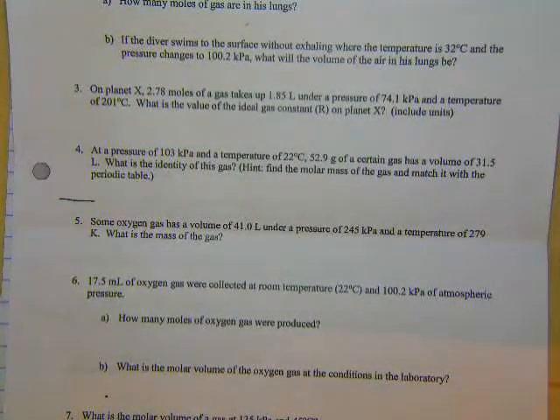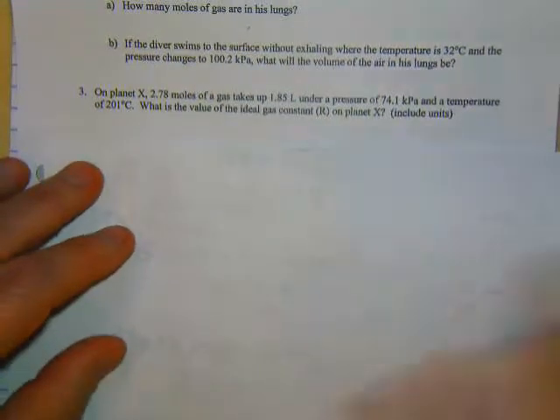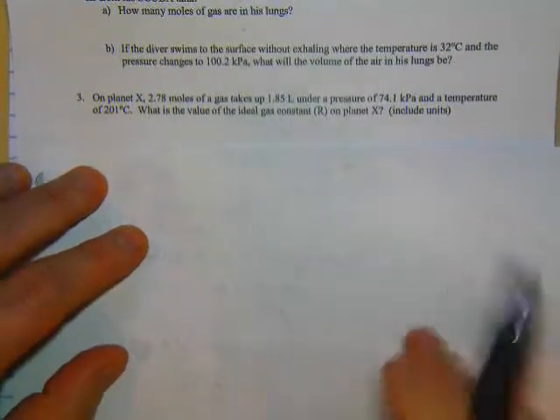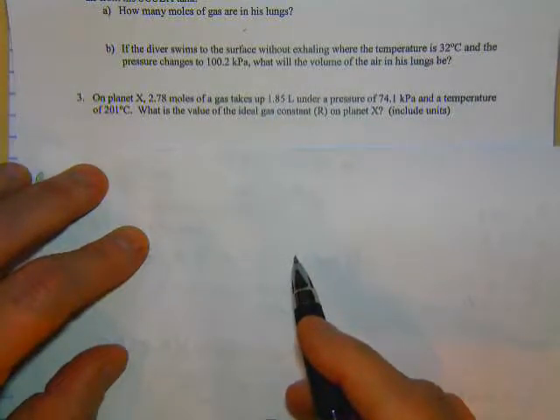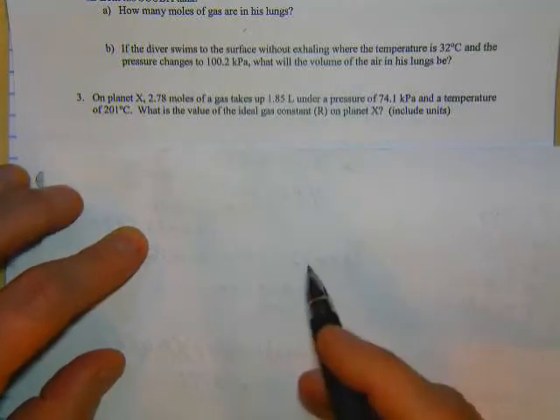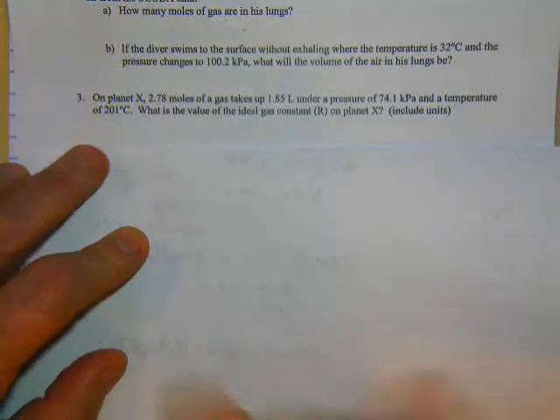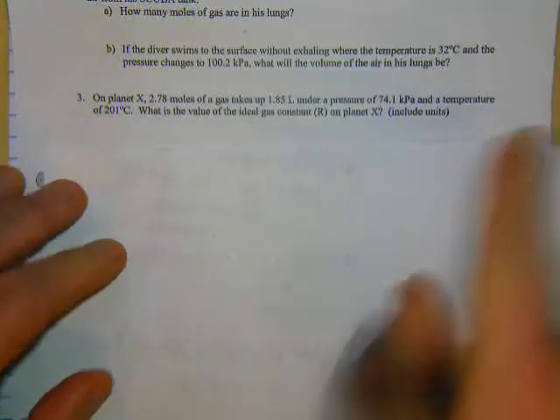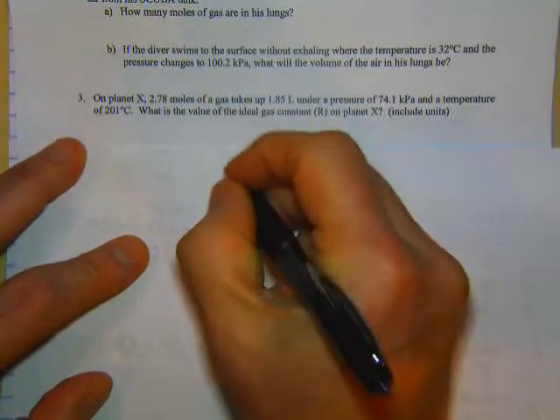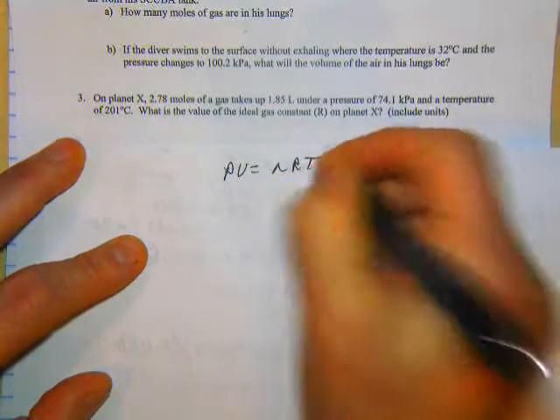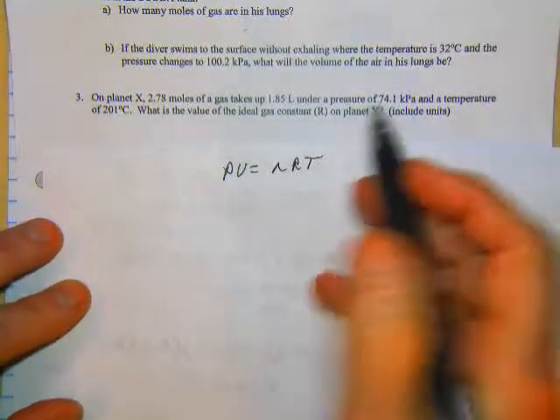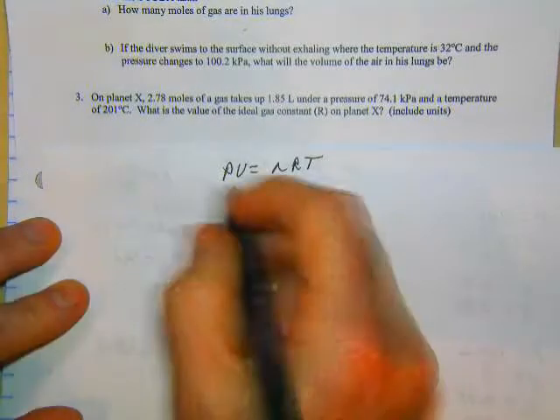Let's look at problem number 3. On planet X, 2.78 moles of gas takes up 1.85 liters under a pressure and a temperature of 201 C. What's the value of R on this particular planet? Well, PV equals nRT. And so that's asking for R, so we know the pressure.